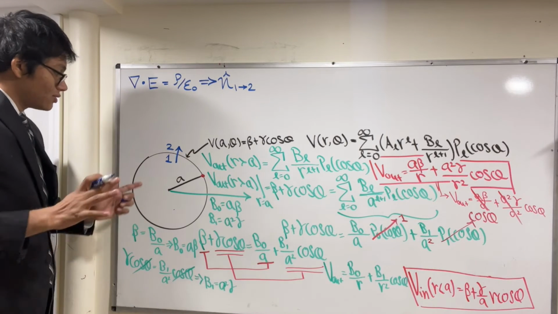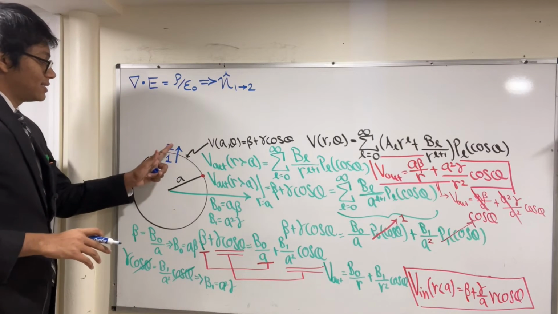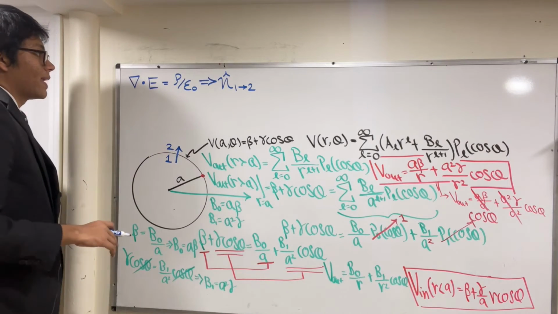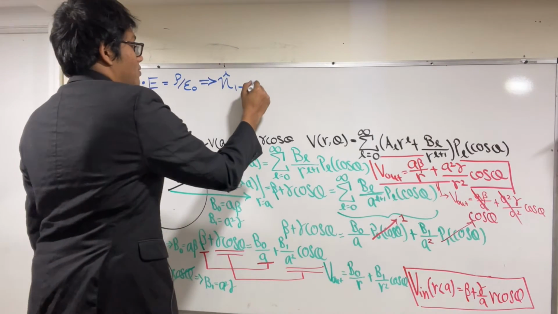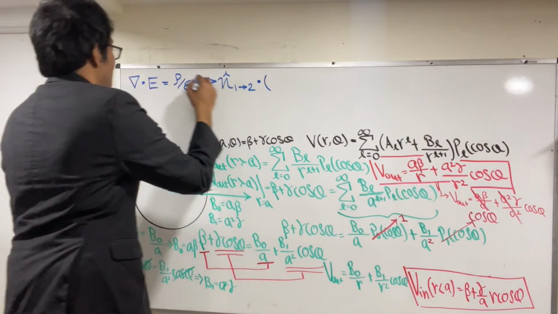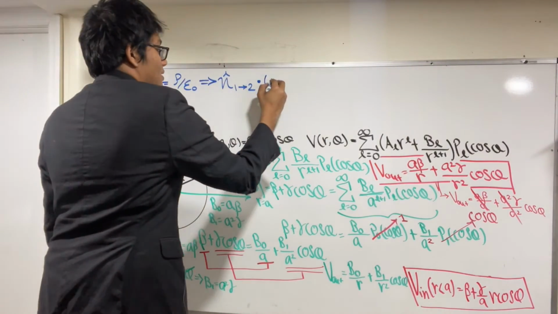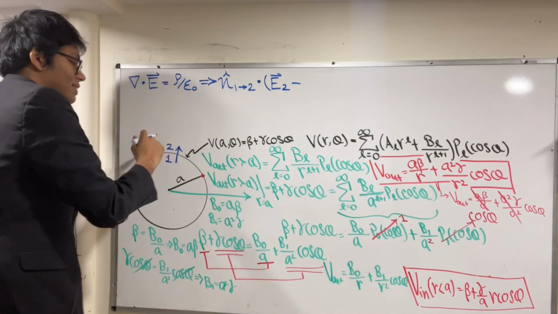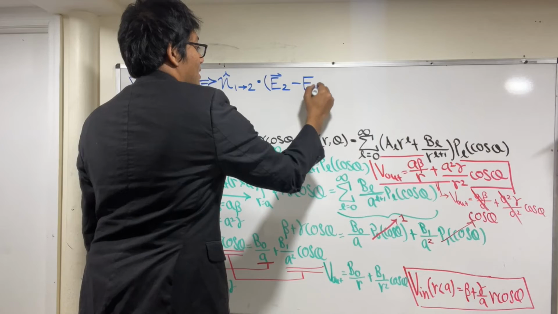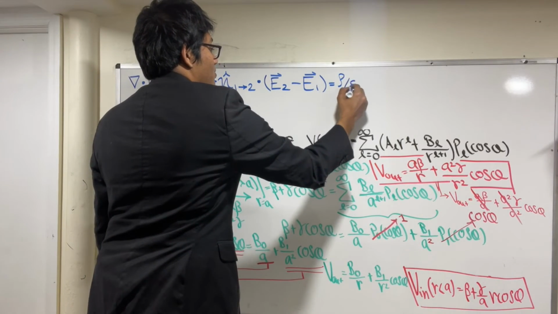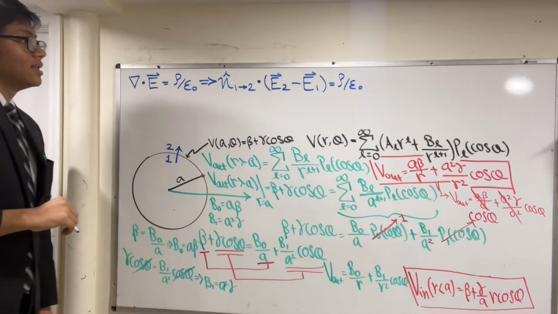If you're a physicist, don't berate me in the comments, but this is the idea. We're going from space 1 to space 2, puncturing through. And then this is going to be dotted with the electric field on the outside minus the electric field on the inside. And this is all going to equal the volume charge density over epsilon naught.